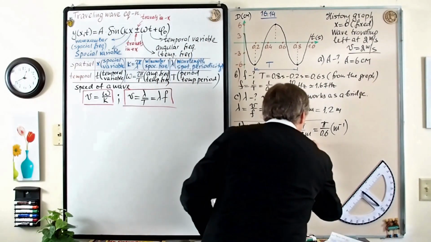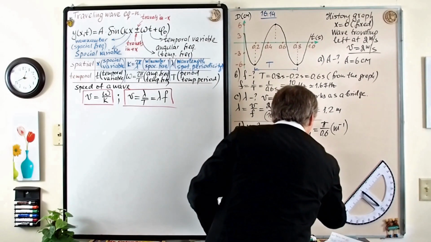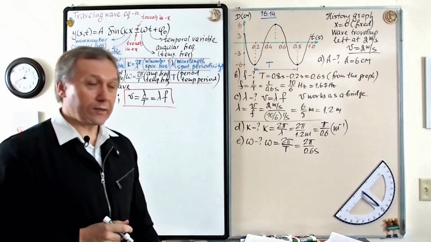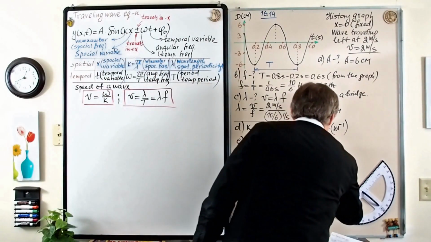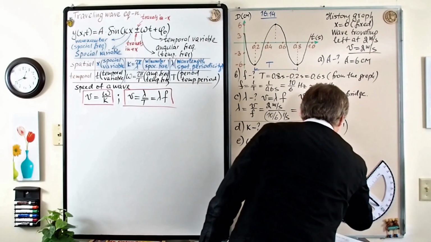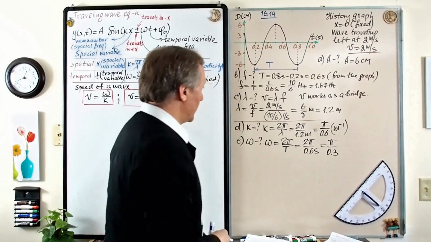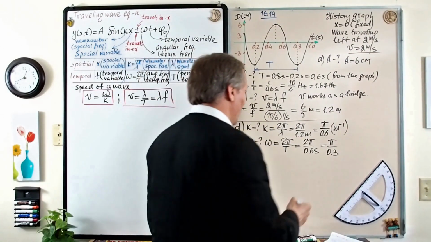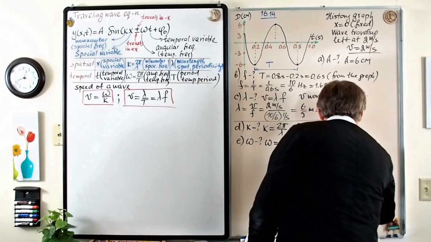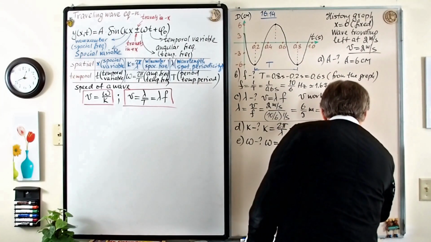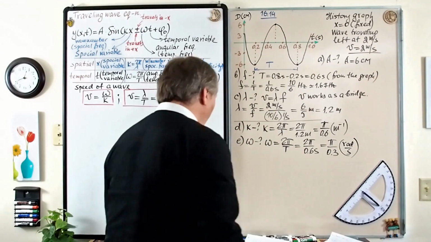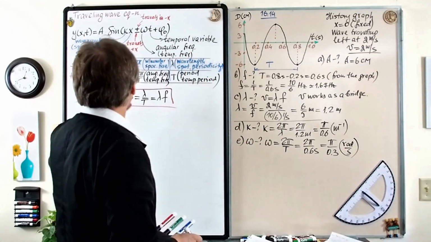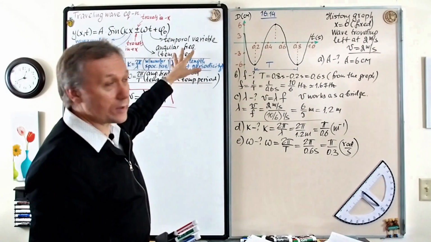So 2 pi divided by 0.6 seconds, which is pi divided by 0.3. The units are actually radians over seconds. So we're almost ready to start writing down the equation.